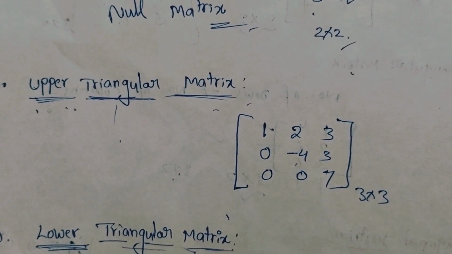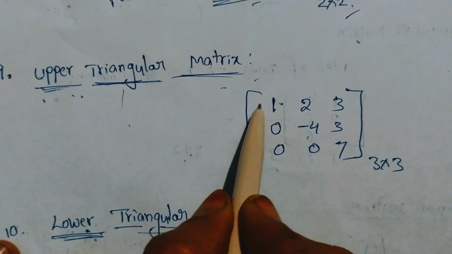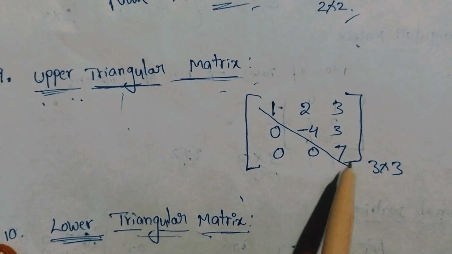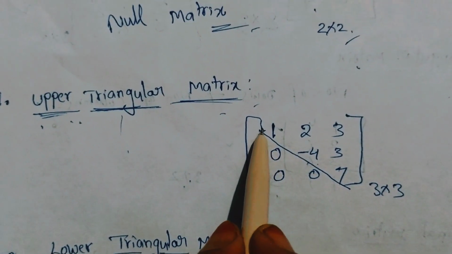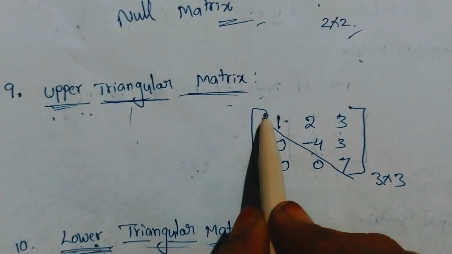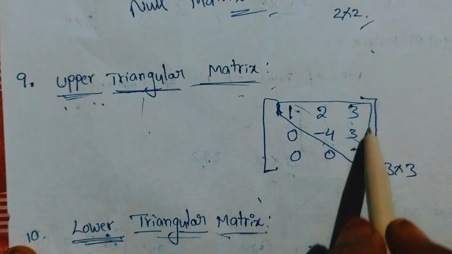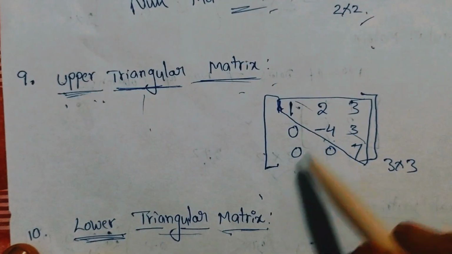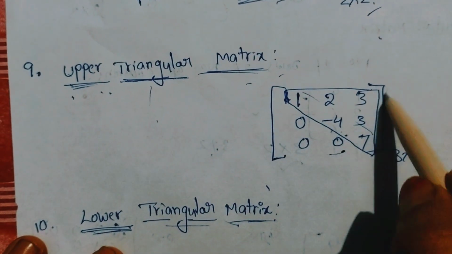What is the diagonal here? 1, minus 4, 7. The elements above the diagonal are non-zeros, and the part below the diagonal is zeros, so it is called an upper triangular matrix.